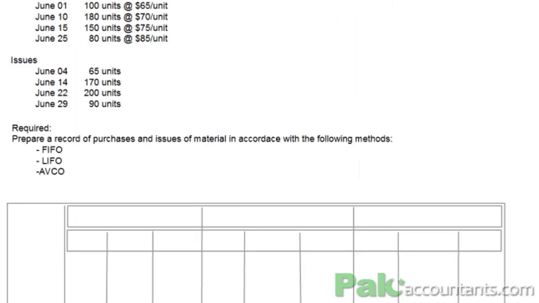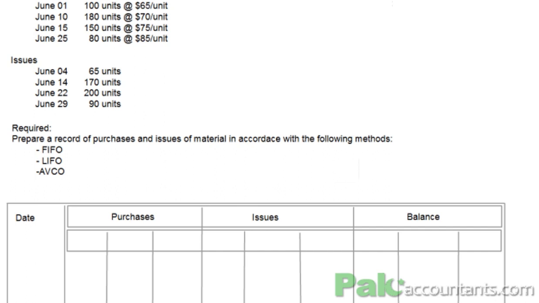Alright, so this one is for the date, as this document will be based on a chronological order. This is for purchases. This will be for issues, and this will be for balance. Okay, that means the units we will be having still with us in store.